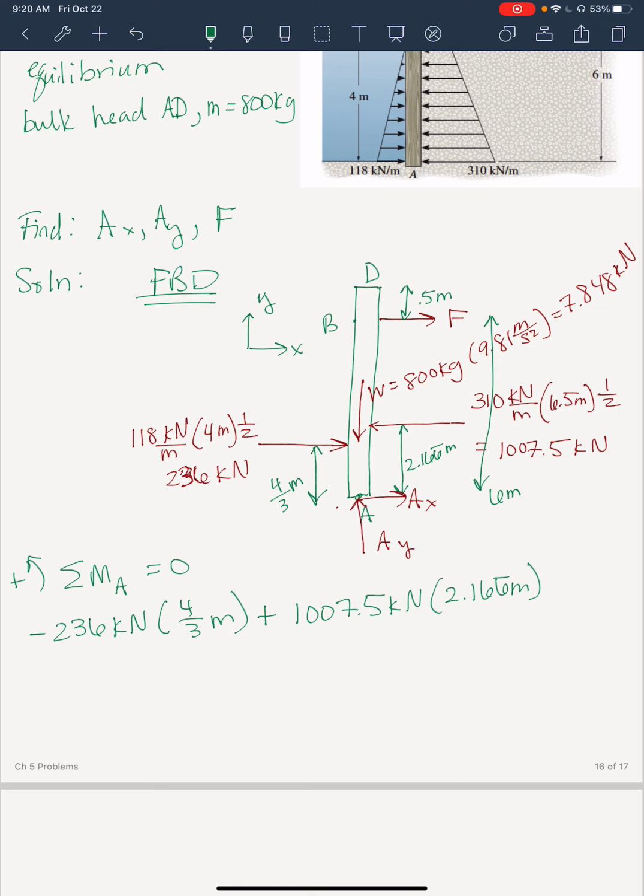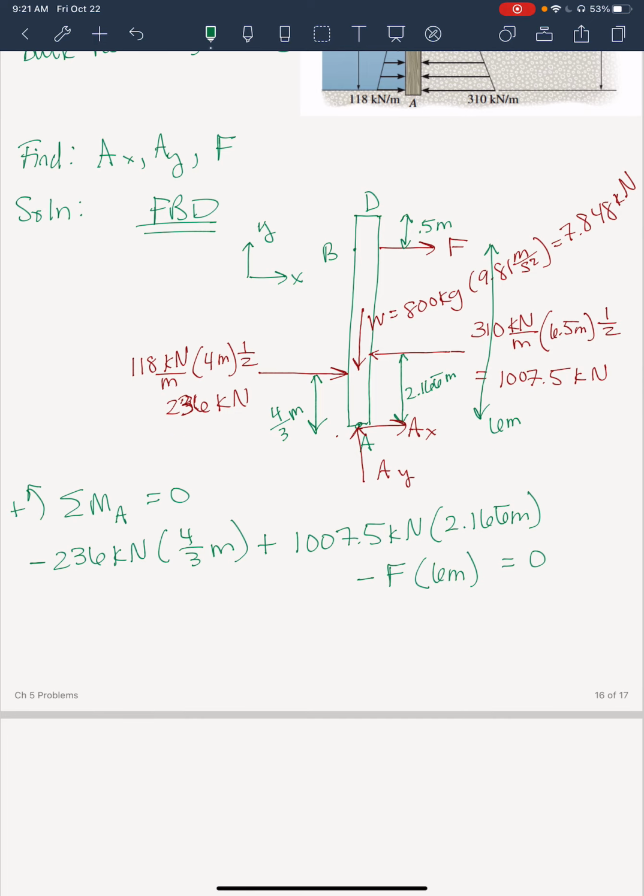And then we go on up to the force F, which will also give us a negative moment, so negative F times 6 meters from A, that equals 0. And so if we calculate that out, we end up getting F equal to 311.4 kilonewtons.